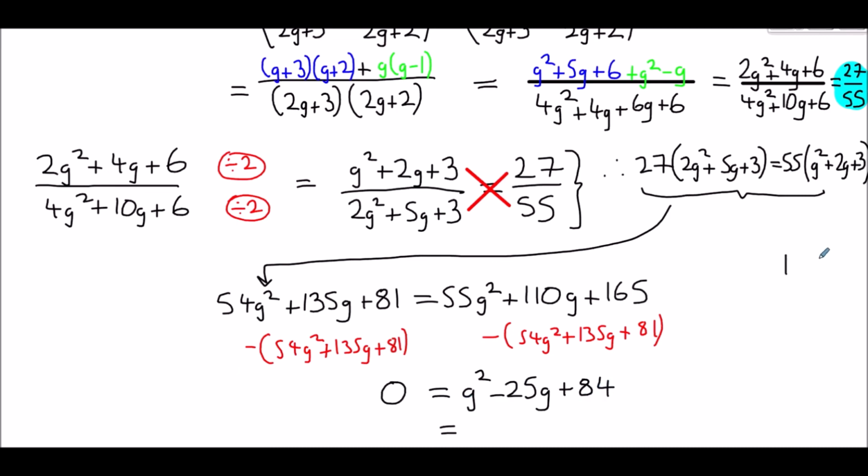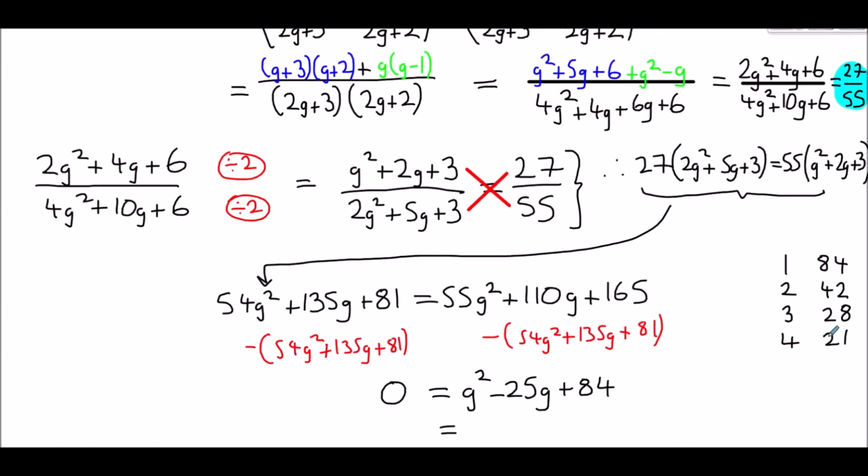So 1 and 84. We can make those both minus. They're not going to sum to minus 25. 2 and 42. Still no chance. I could try 3 and 28. Nope. How about 4 and 21?